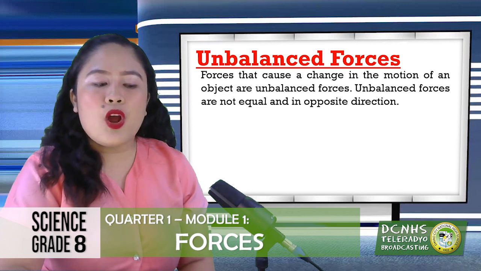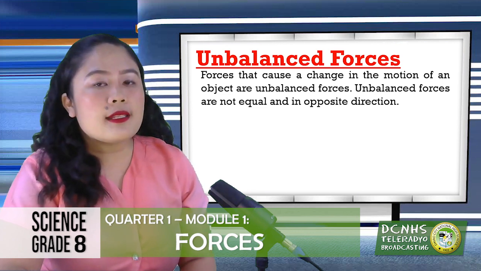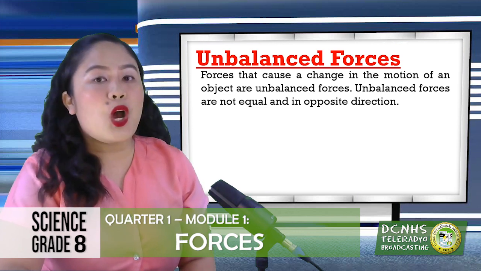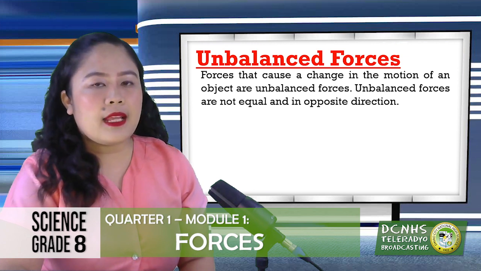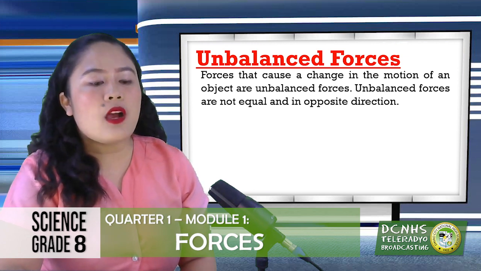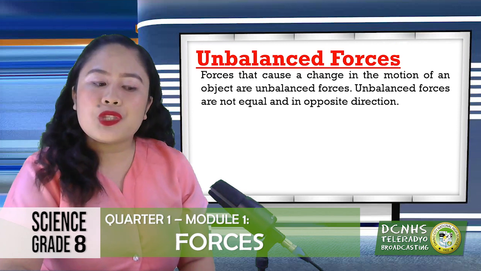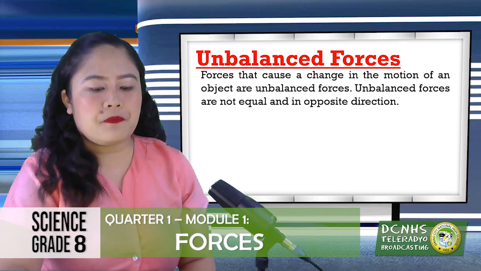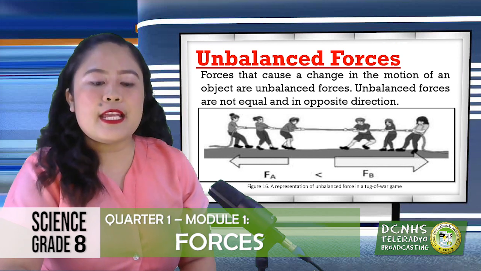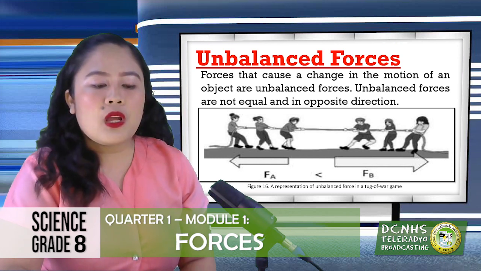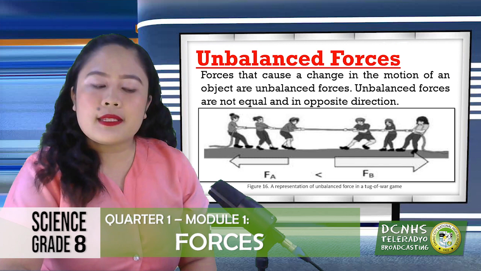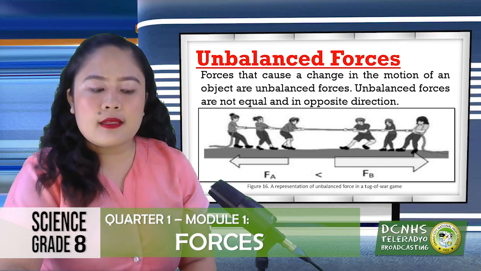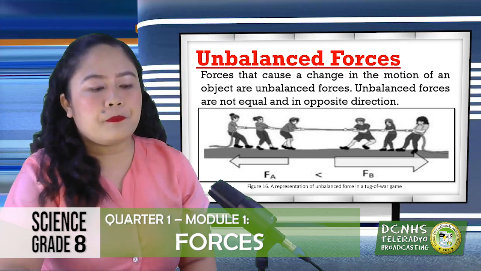Unbalanced forces are forces that cause a change in the motion of an object. Unbalanced forces are not equal in magnitude of force and in opposite direction. As you can see in figure 16, one of the teams exerts greater magnitude of force than the other team.